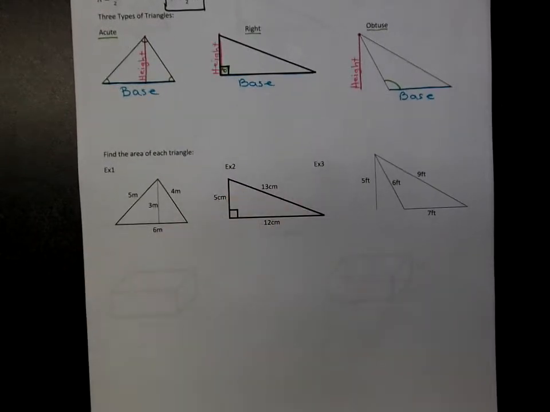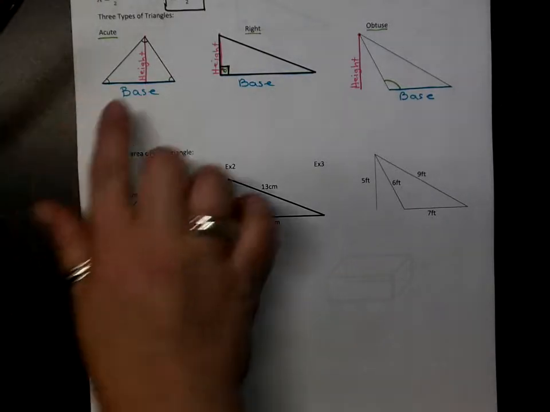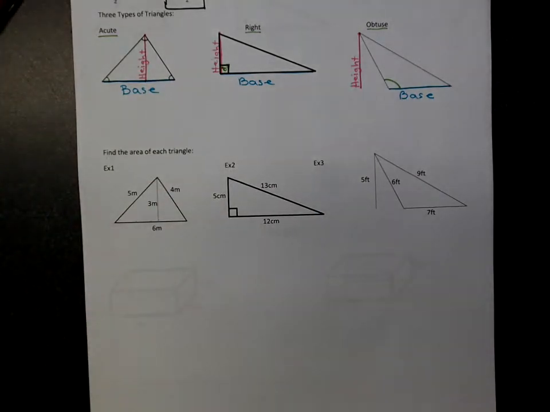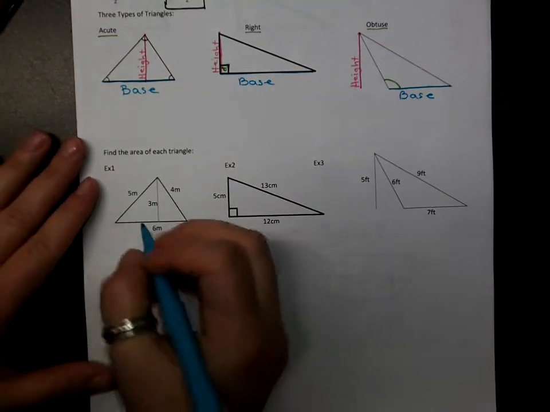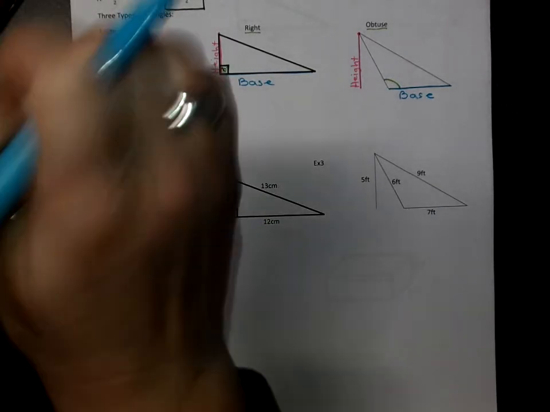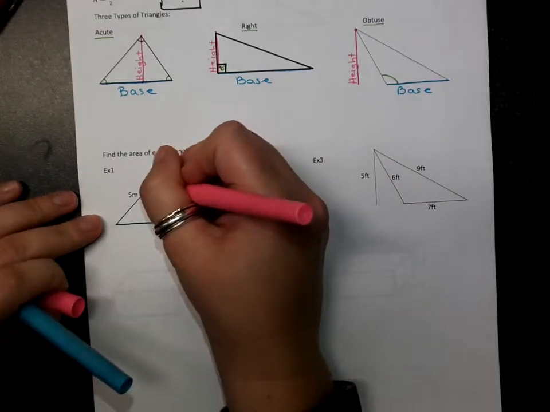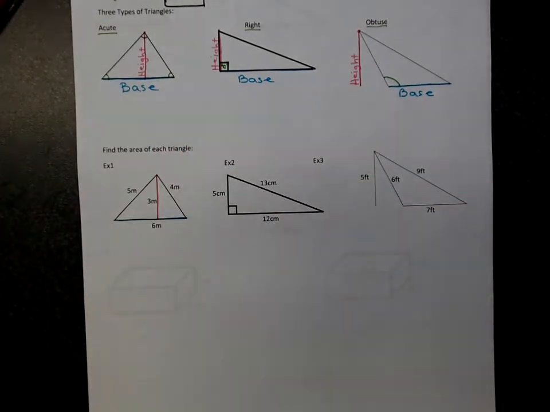So let's look at some examples of how to calculate the area of a triangle. It helps to label the base and the height with the same two colors if you have different colored pens or pencils. So here's the base of the triangle in example 1, and the height of the triangle in example 1.